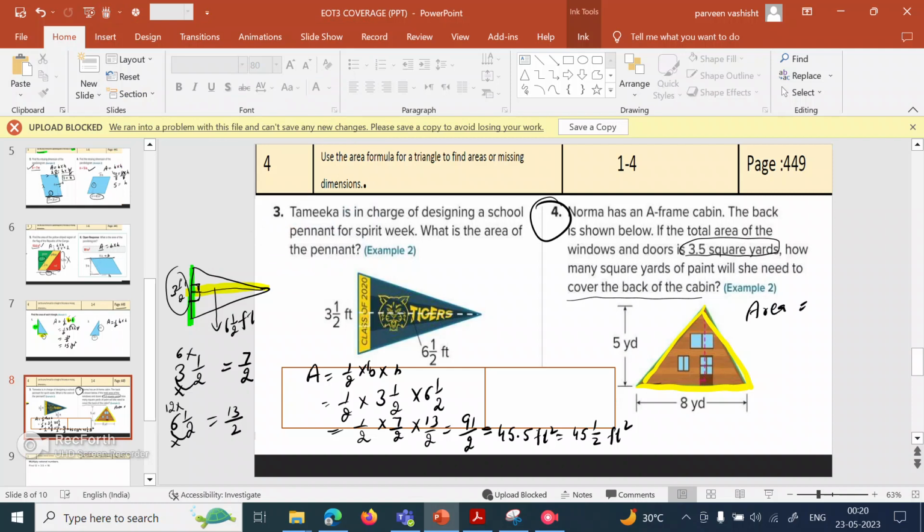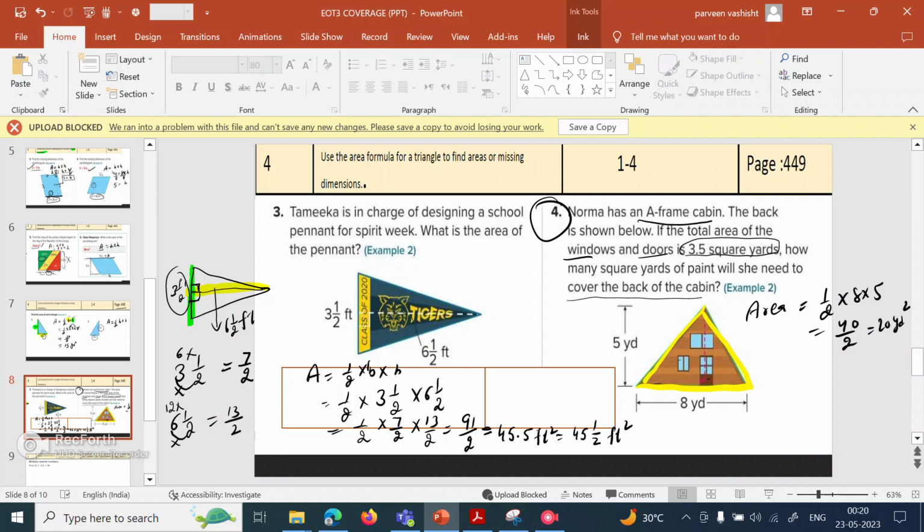The area of the full frame is half multiplied by base multiplied by height, which is 40 by 2, 20 yards square. 20 yards square is the total area of the A-frame cabin.